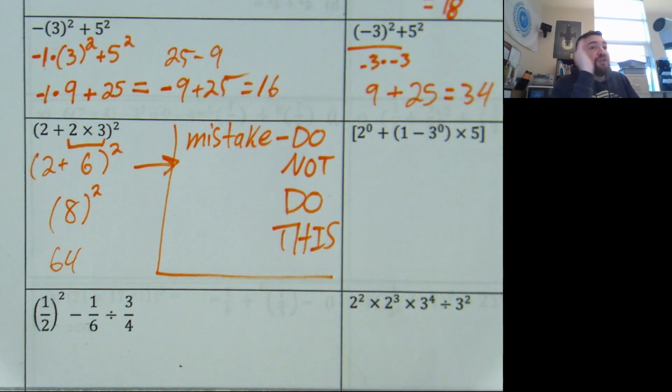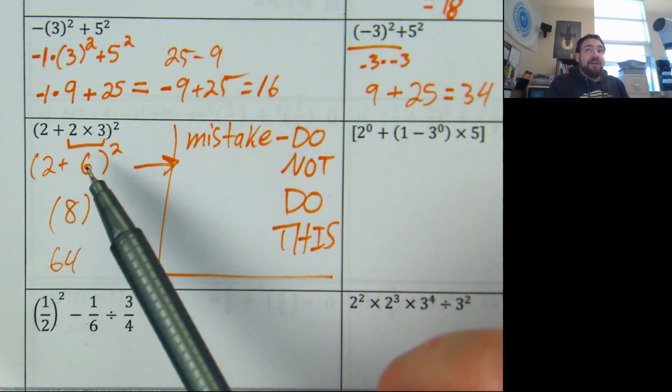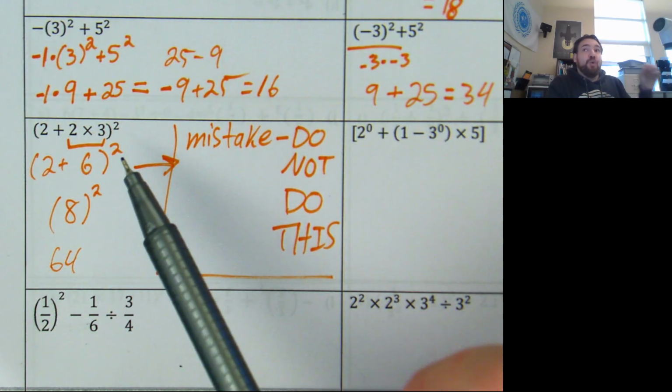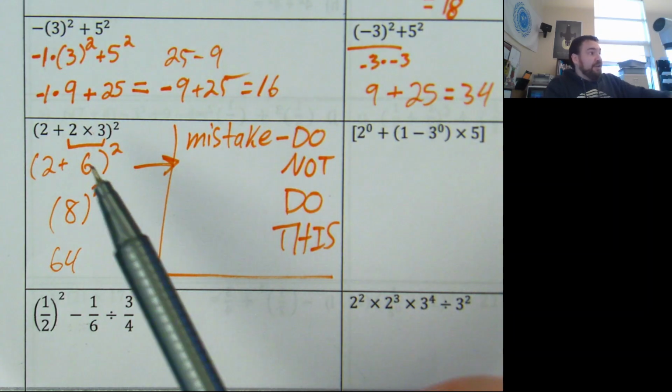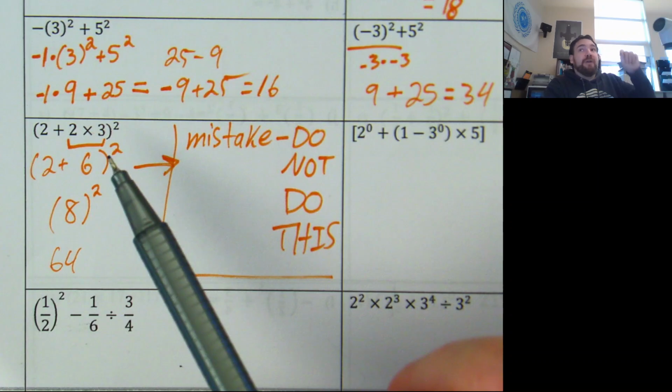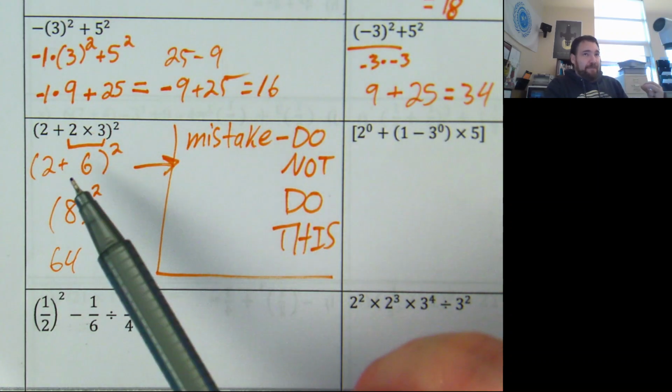What I see students do, actually one of you who shall remain nameless just modeled this, is say, well, I've got something inside the set of brackets here and I've got an exponent outside. So students everywhere try to bring this exponent in.